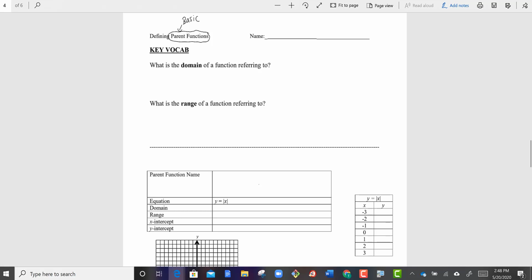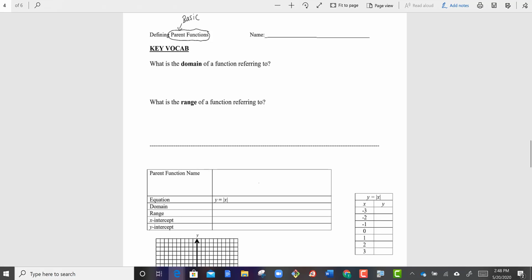Domain and range. The domain of a graph of a function is referring to all possible x values. Or in other words, you want to think, how far left and right is that graph going? So that's usually what I'll say when I'm finding the domain.